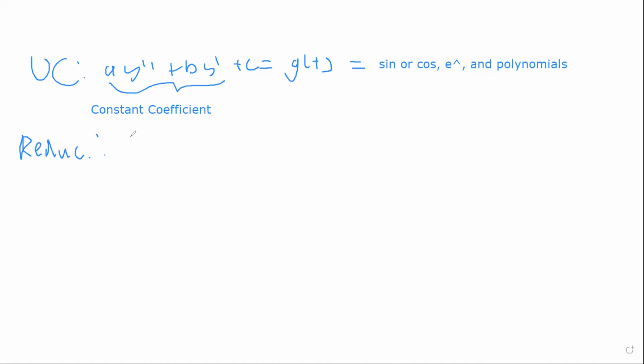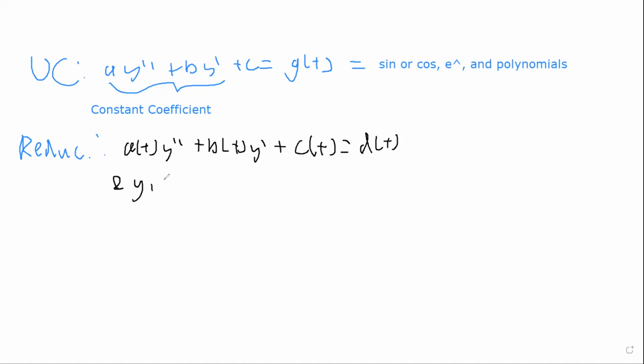Let me see. We'll call it a(t) y double prime plus b(t) y prime plus c(t) y equals d(t), and y1.